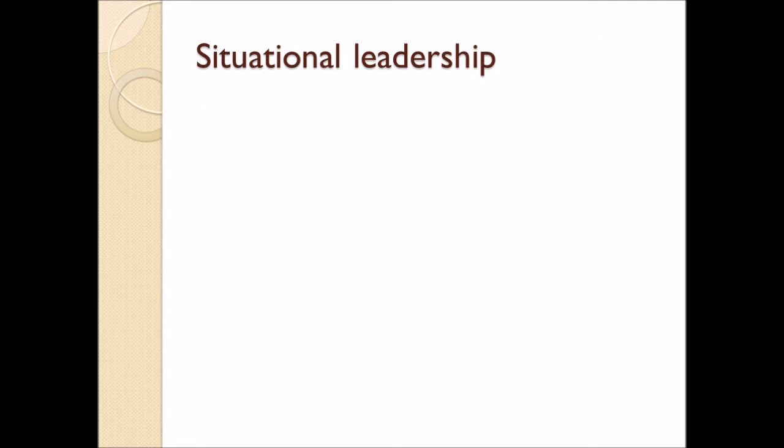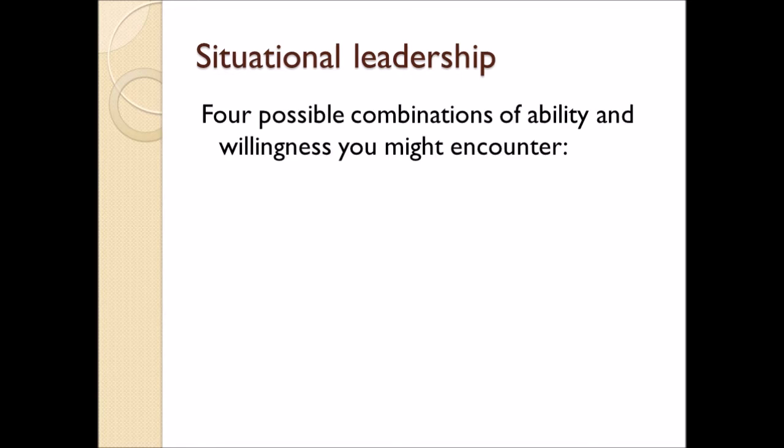The situational leadership model suggests that there are 4 possible combinations of ability and willingness that you might encounter in followers, and the way you go about leading those followers will depend on their levels of ability and willingness. So here are the 4 possible combinations you could encounter. You could have a follower with low ability and low willingness.